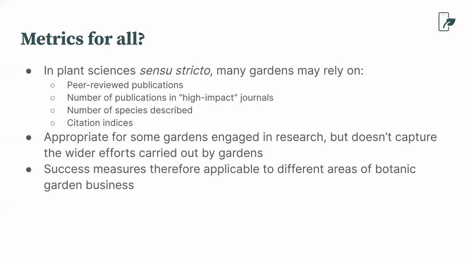And if you do have a lot of publication output, you might be interested in the indices for citations and how well they are cited across other aspects of research. So while this is fine for gardens that are involved in this kind of work, it doesn't really capture the wider efforts that gardens have, so some of the other aspects that I mentioned earlier. So it's very important that success measures are really applicable to all areas of the botanic garden business.